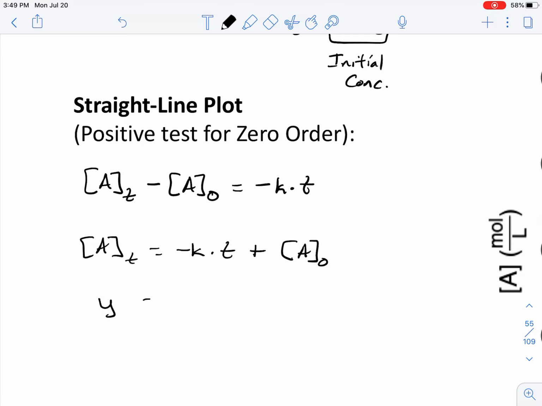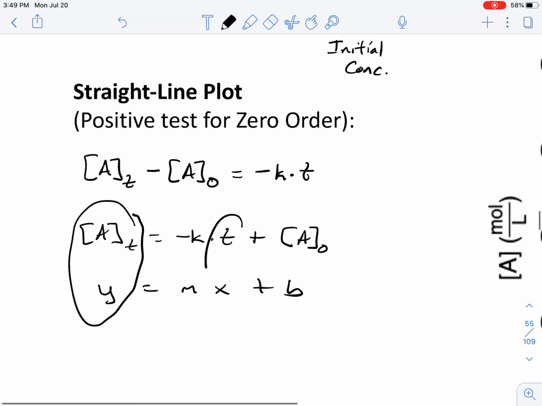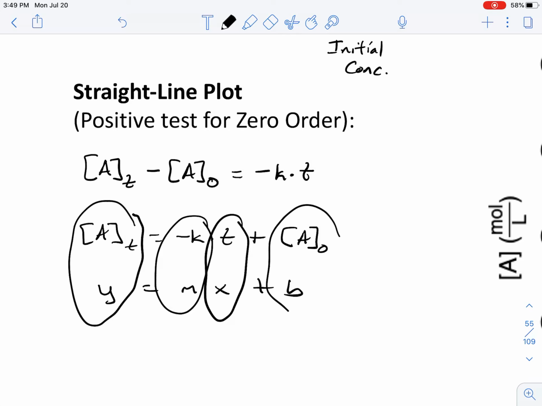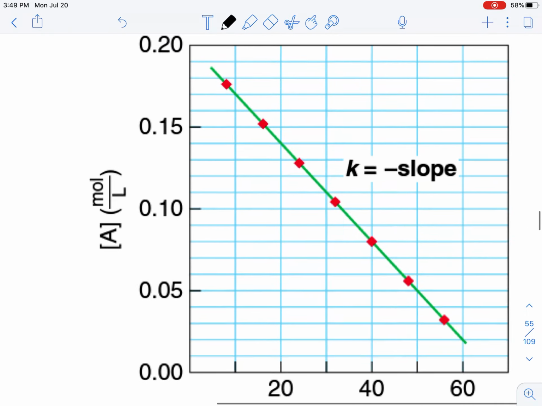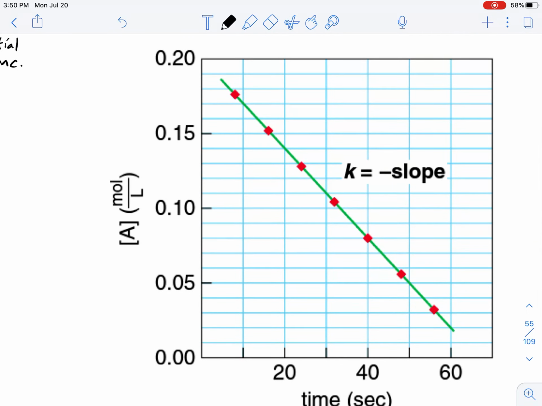And so if I were to overlap this with the equation of the line y equals mx plus b, I can see that if I plot concentration against t, or time, which is my x-axis, my slope is going to be negative, whereas my y-intercept is going to be the initial concentration of A. And so what I get is a graph that looks like this.